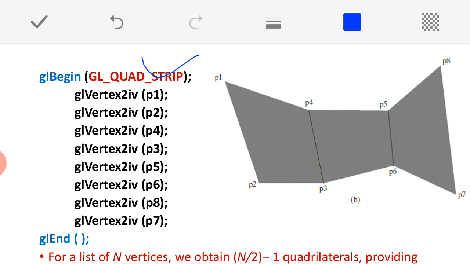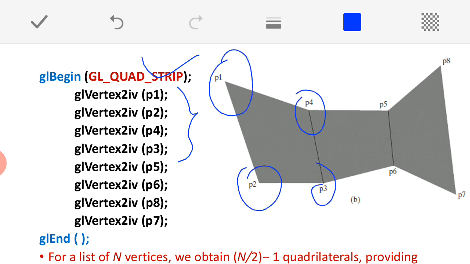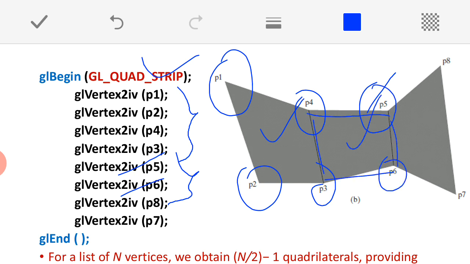In the previous one we learned that a quadrilateral considers the first 4 vertices. See here, first it will draw P1, P2, P4, P3, making the first quadrilateral. From there onwards, for every pair of 2 vertices, for example P5 and P6, it will join these two automatically and we get another quadrilateral.